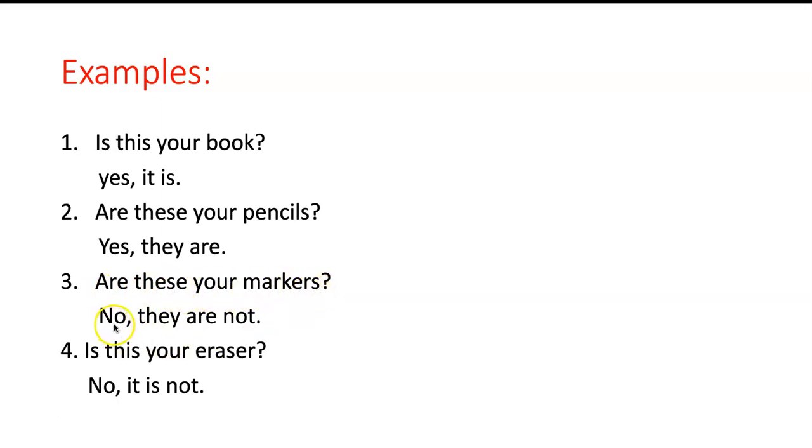You have to answer, no, they are not, because markers is plural. Number 5, is this your eraser? No, it is not. So remember, you have to ask with "is this" and "are these," and you have to answer with "it is" in singular, "they are" in plural.